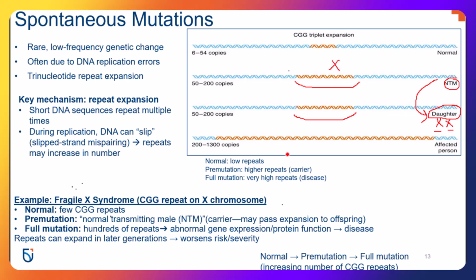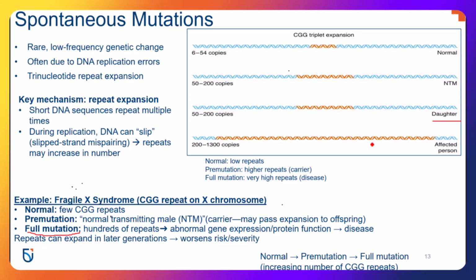But here's the crucial point. When Stephanie, the daughter, as a premutation carrier, has children, that repeat expansion is more likely to become unstable during egg formation and can expand to the full mutation. So the daughter really becomes this key link.